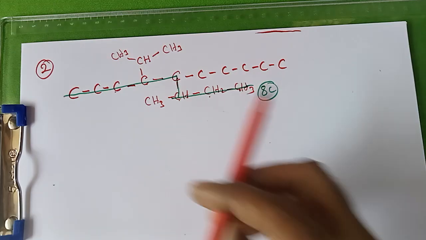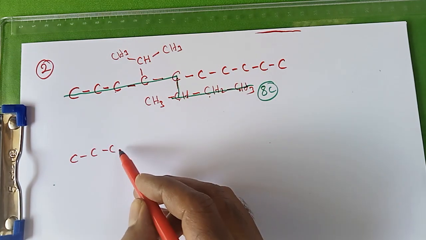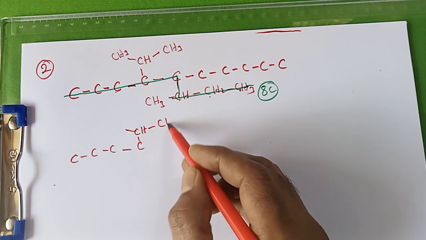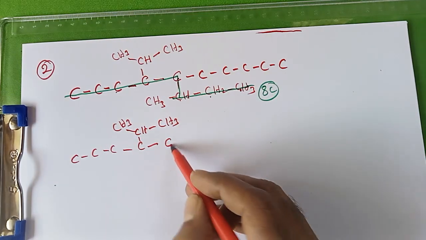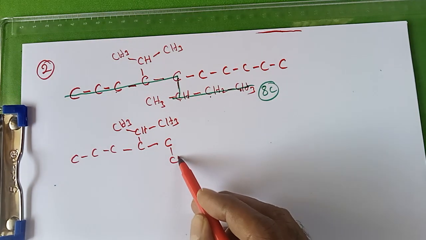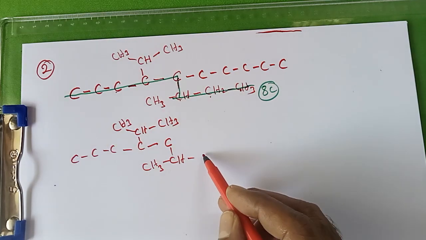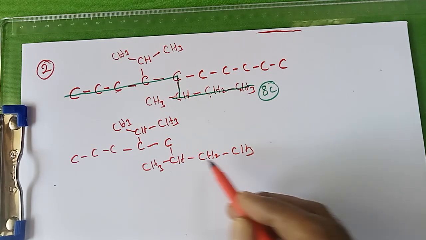Otherwise, you write down this molecule once again. 1, 2, 3, and here one branch as it is. CH3, again CH3. Next what? C. Again here one branch, CH3 and CH2, CH3.